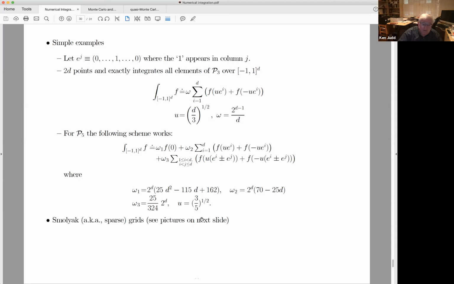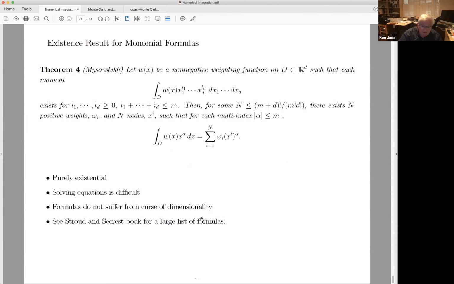Now, I'm not going to go into the details of this. The fact is there's a theorem due to Masovsky that says that nice monomial rules exist. Later on in some of our applications, I'll refer to the more advanced technology on this.